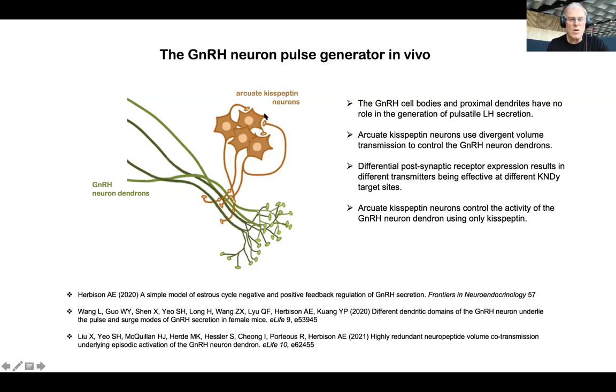Kisspeptin neurons are using quite different and converse patterns of neurotransmitter receptor expression at these 2 points. And it's at this point here, in fact, the only thing that's important is kisspeptin. It's the only thing that the dendron is actually listening to. So I think these studies provide some further steps forward in understanding the pulse generator.